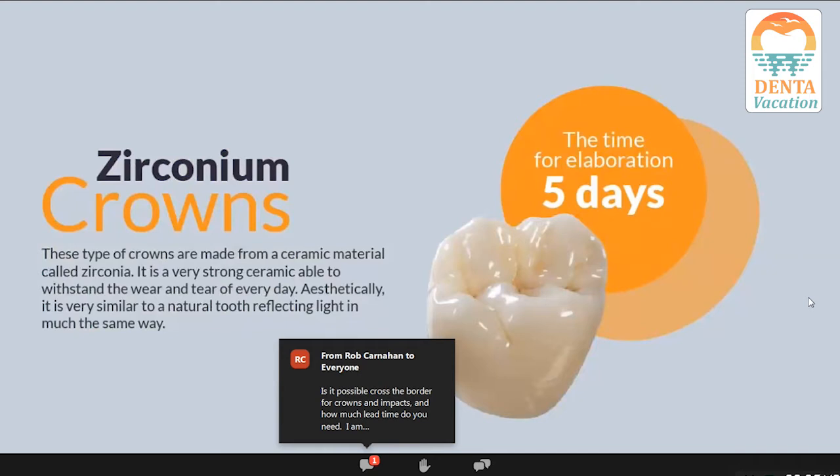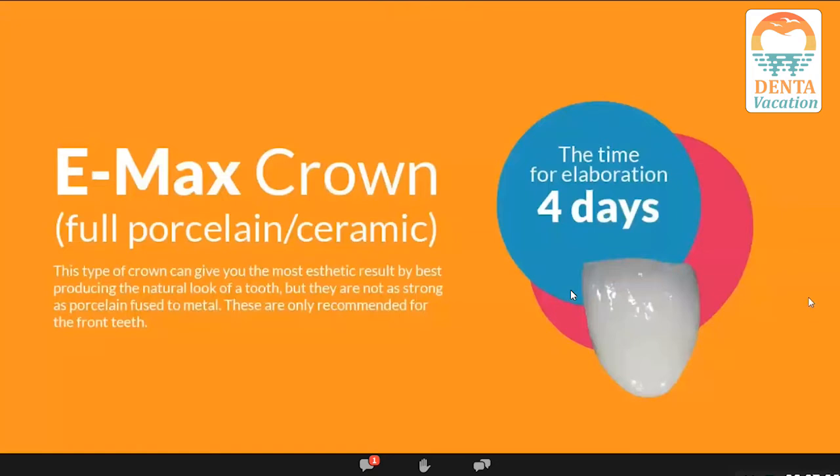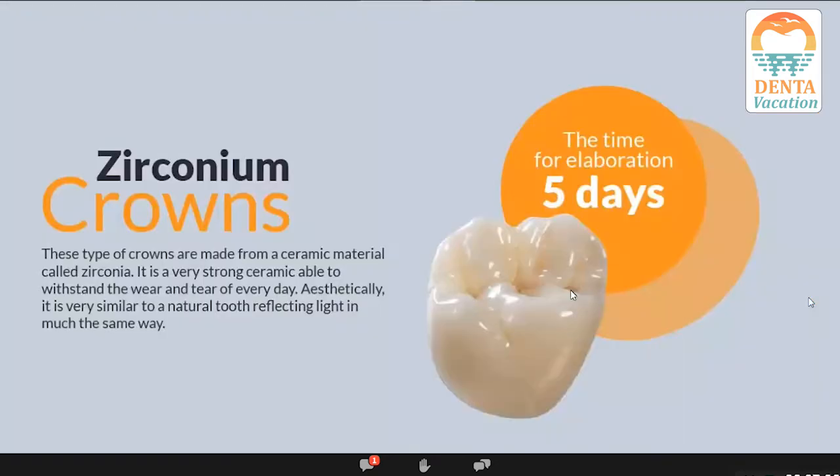That's why this type of crown is recommended for your back teeth, or also the front teeth. It's very cosmetic, a little more expensive, but it looks more natural. And we require 5 days to make these ones.